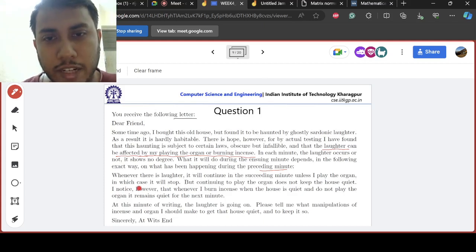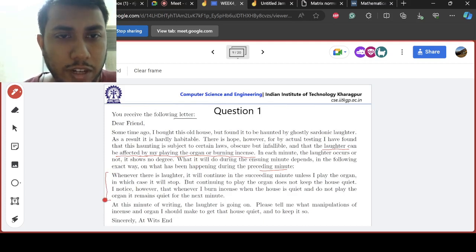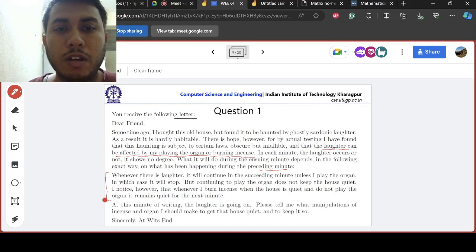So these are the conditions that are given. When there is laughter, it will continue in the succeeding minutes unless I play the organ, in which case it will stop. But continuing to play the organ doesn't keep the house quiet.